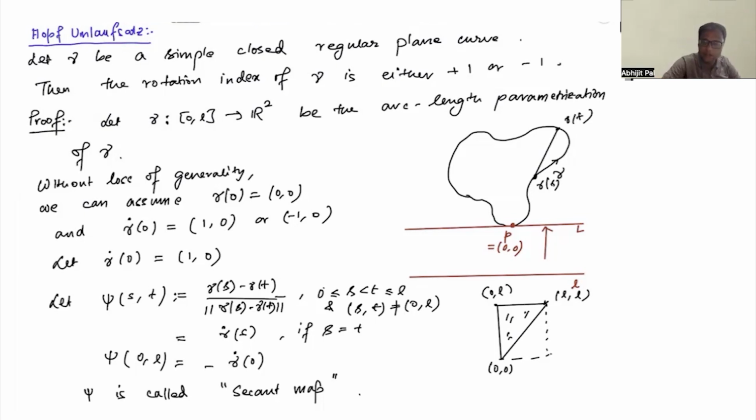Now take the vector gamma s minus gamma t, and you normalize it, so that after normalization you will get a unit vector. That's why it is called the secant map. And if s is equal to t, you'll get a tangent vector.